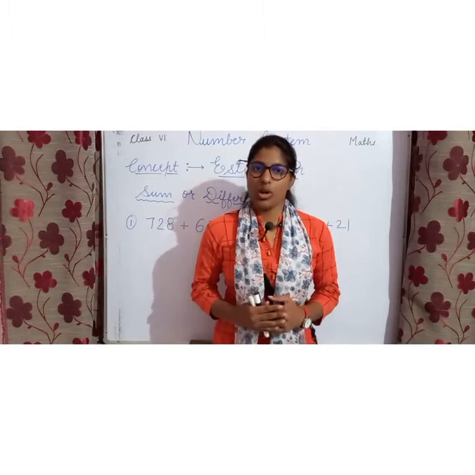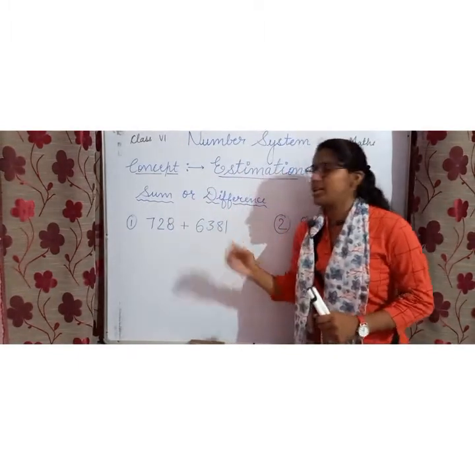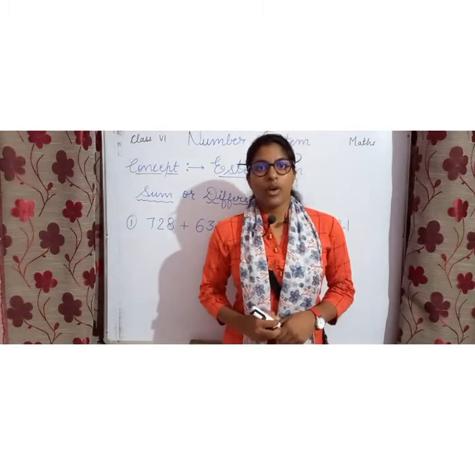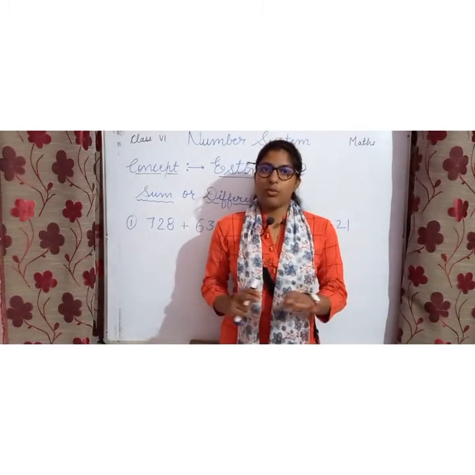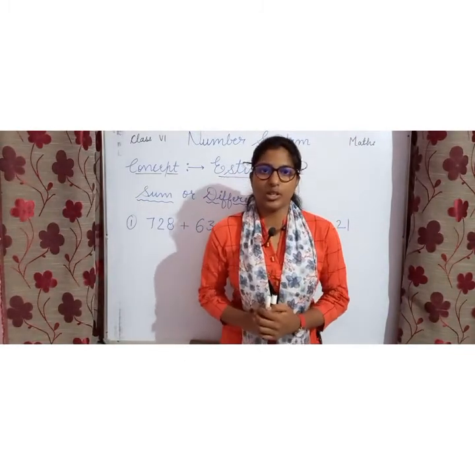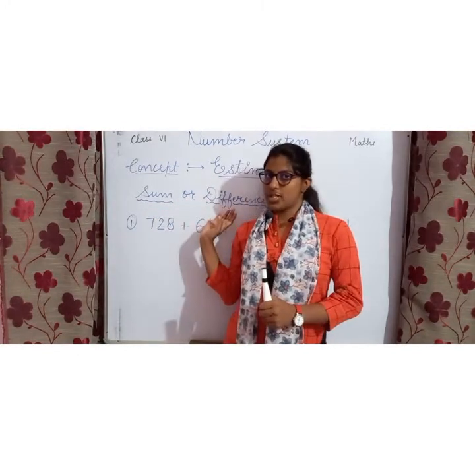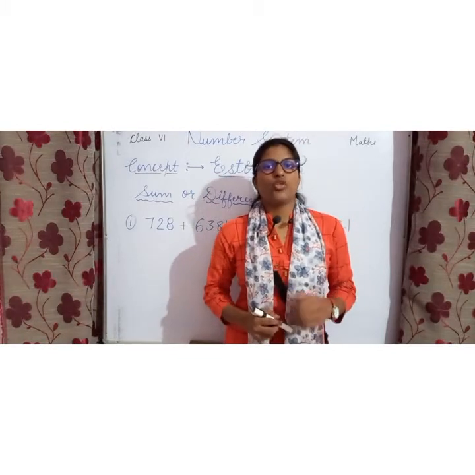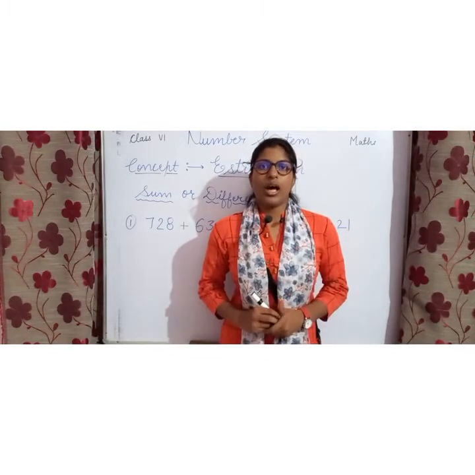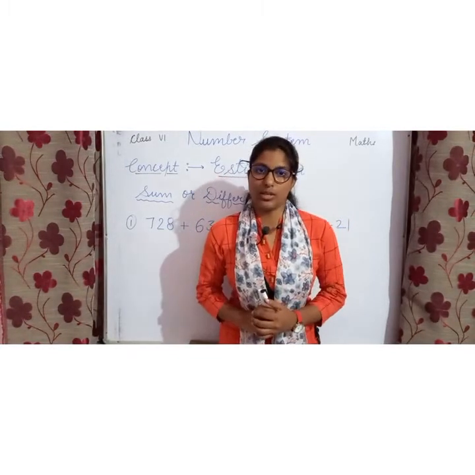Now, case number 1, where we are estimating the sum and difference of two numbers. Why? Because for sum and difference, the rules are similar. Same rules we can follow. Rule number 1, identify the smaller number.